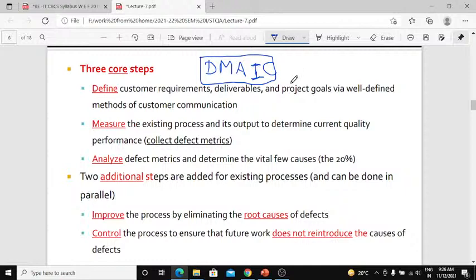Define the customer requirements, deliverables, and project goals through well-defined methods of customer communication.